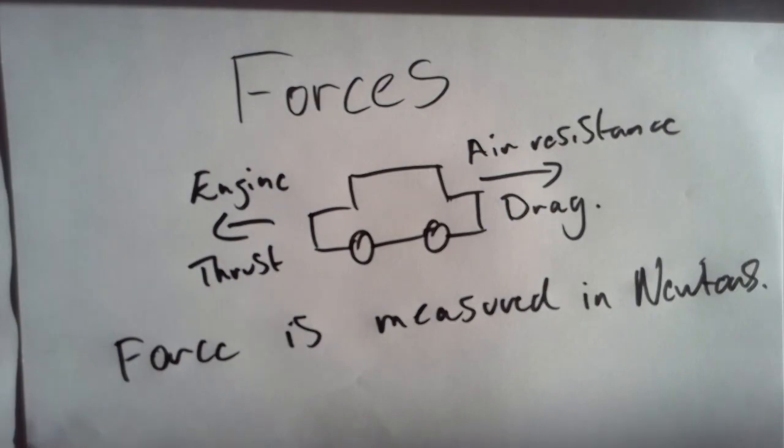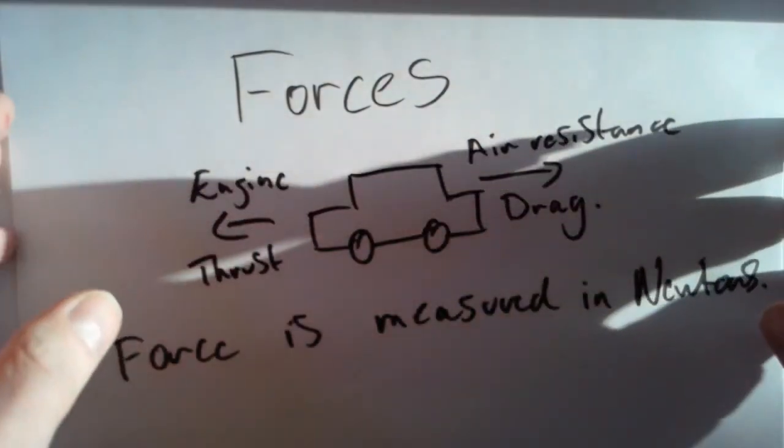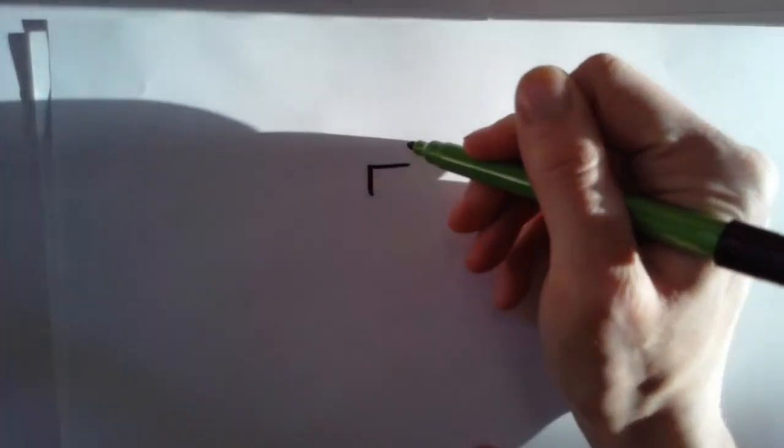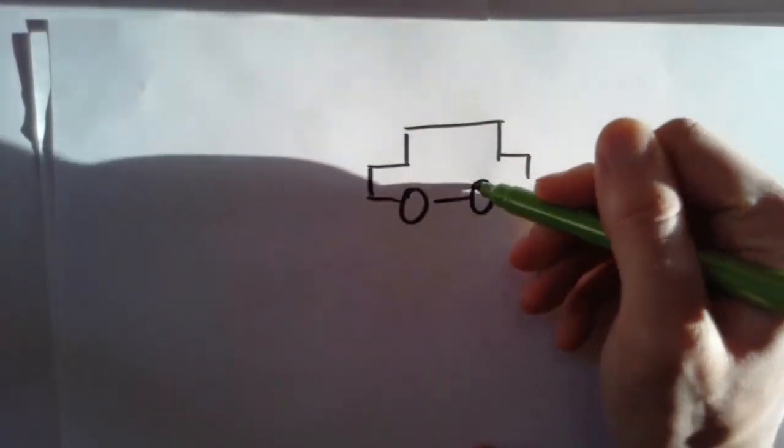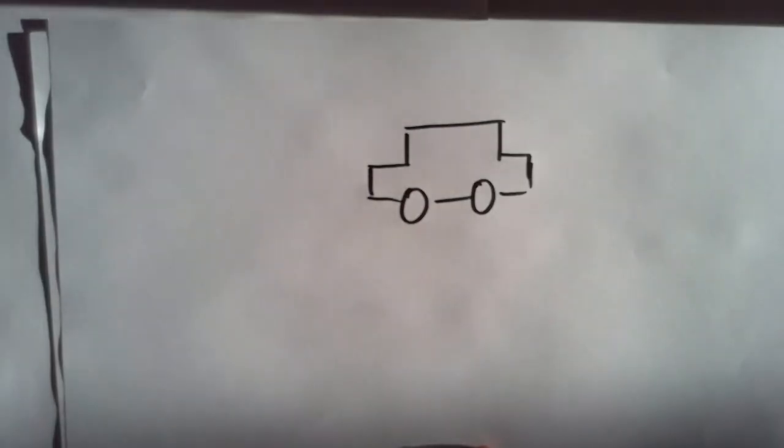So these forces, we can use them to look at things called force diagrams. Objects like cars, like people, will have lots of forces acting on them. So if we think of a car, it's very similar to what I've just drawn. A car has forces acting on it.